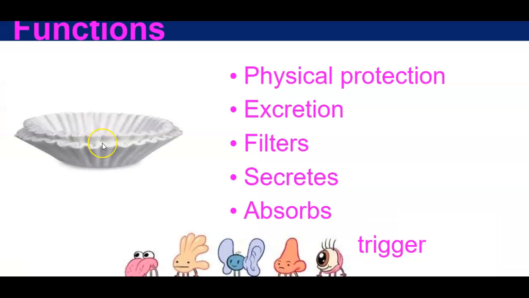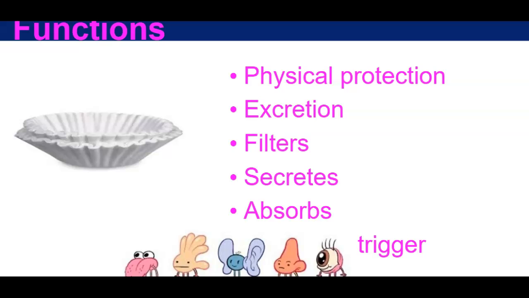All right, so let's take a look at the functions. And again, this is in pink. These are all the different things that epithelial tissue does for your body. Now, this is an example of a coffee filter, but some people may not know what those are because now they have all of those K-cups and everything. But I had it there because what your skin does, it will filter through things.